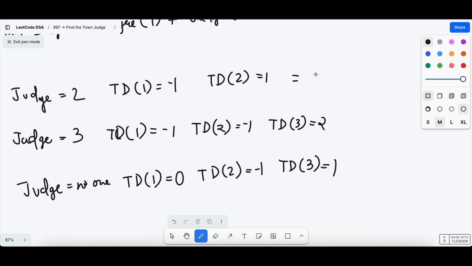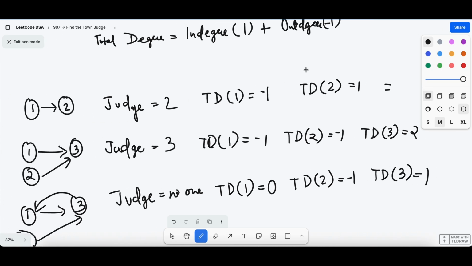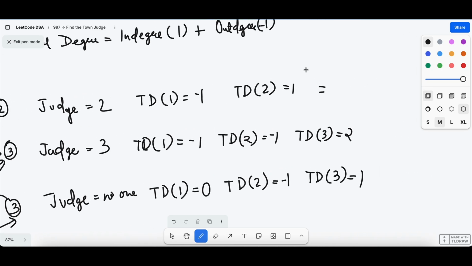So here you can see there are two elements, 1 and 2, and the total degree corresponds to n minus 1. Here also it's n minus 1. N is 2. Here n is 3 and the degree equals 2.